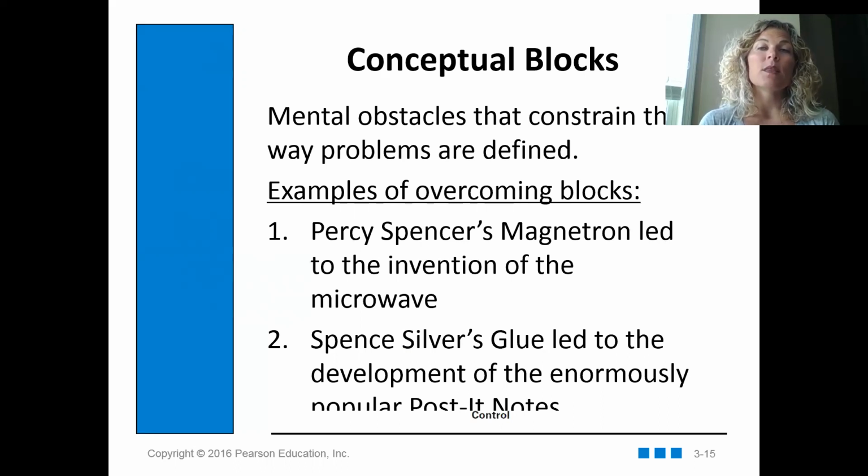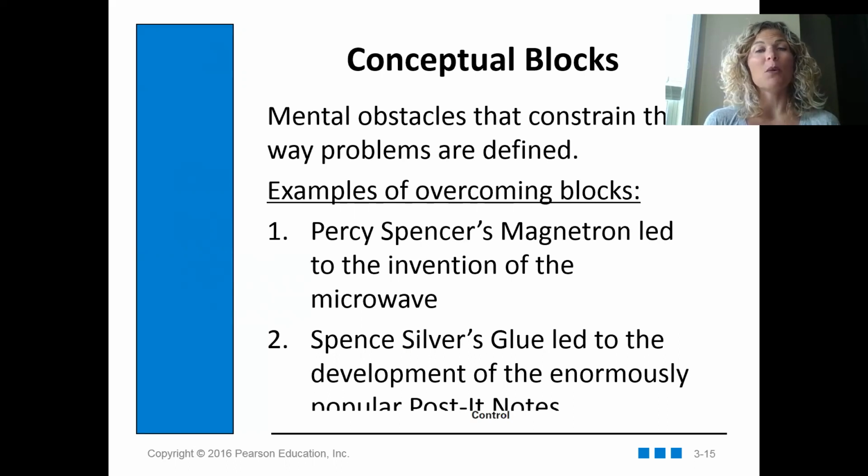There are two examples in the book that do a really good job of highlighting some of these conceptual blocks, and looking at what if this inventor wouldn't have been able to work through them, right? We might not have the microwave, and we might not have the Post-it note. These are examples that we can definitely identify with.